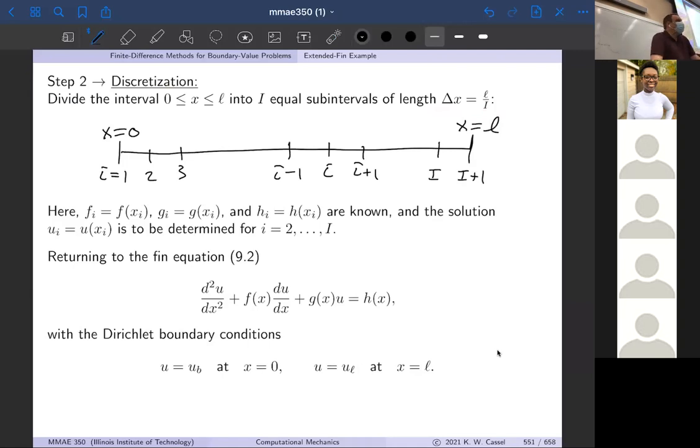So there are capital I intervals and capital I plus 1 points. There's always one more point than there is interval. Each of the intervals is delta x long. So in terms of x, this i point, that's x sub i. The one to the left is x sub i minus 1. The one to the right is x sub i plus 1.